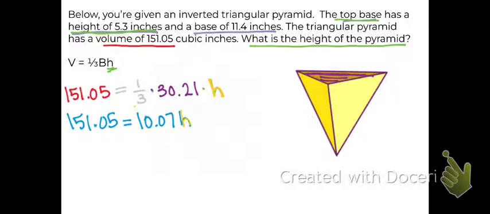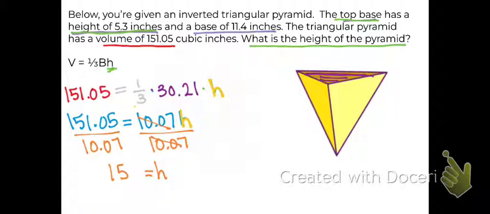We're going to undo this multiplying by 10.07 by dividing both sides. And when we do that, that cancels out and we end up with H equals 15. Now H equals 15 what? Let's take a look at the problem. What units are they using? Inches. So it's 15 inches tall.